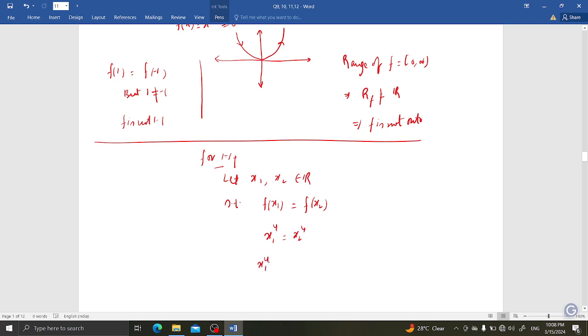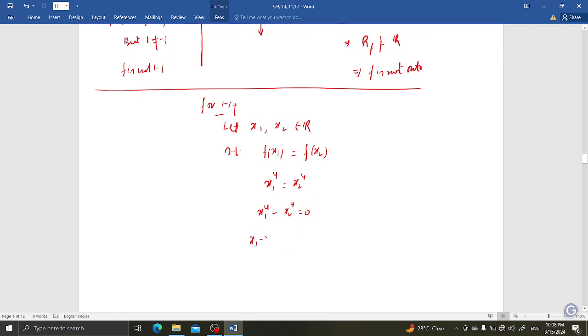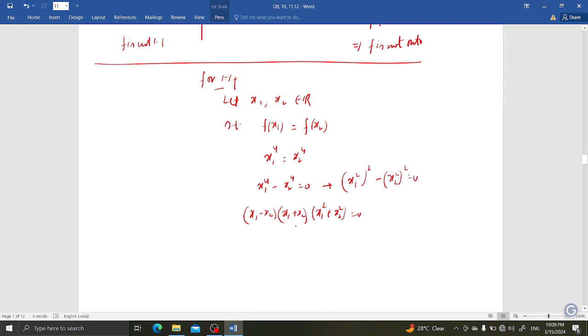Taking it to the left side, x1 to the power 4 minus x2 to the power 4 equals 0. We write it as (x1 square) whole square minus (x2 square) whole square equals 0, using the a square minus b square formula, which gives x1 minus x2, x1 plus x2, and x1 square plus x2 square. Here this last factor is never 0, because these are positive terms. So we have two conditions: either x1 equals x2 or x1 equals minus x2.